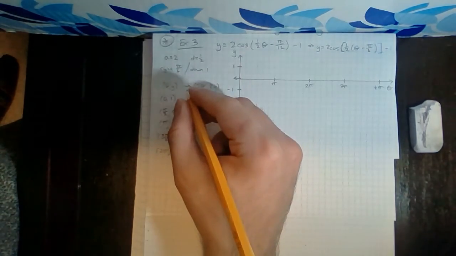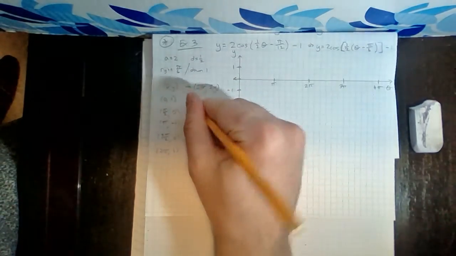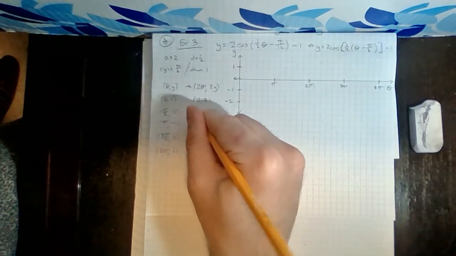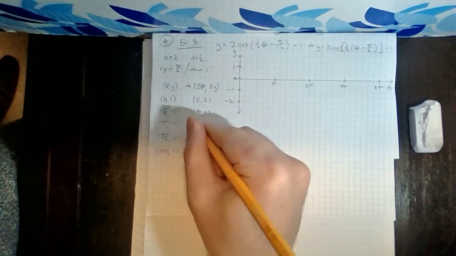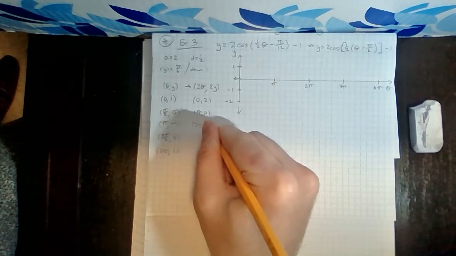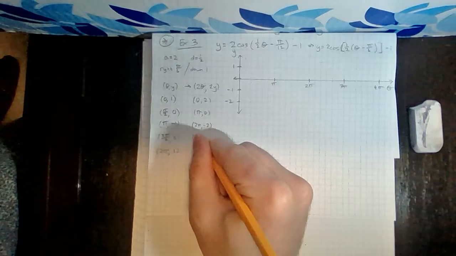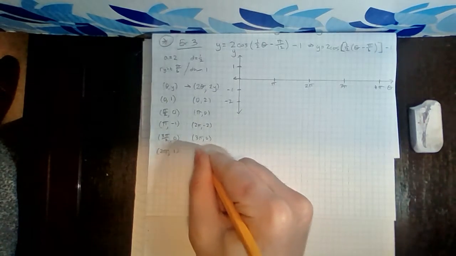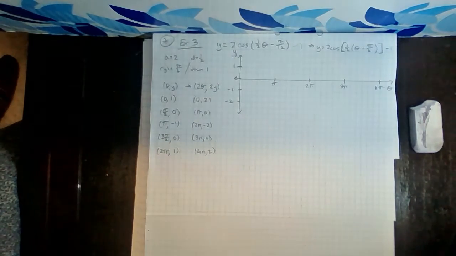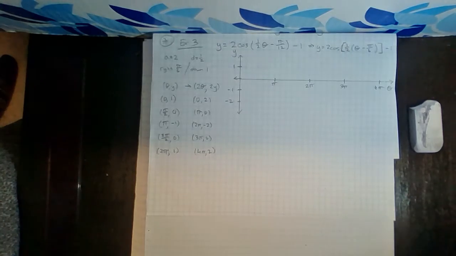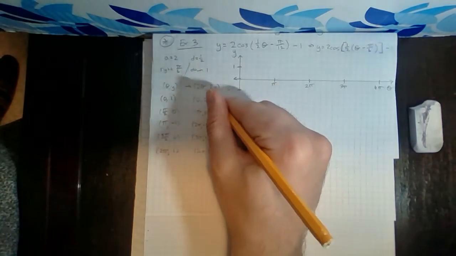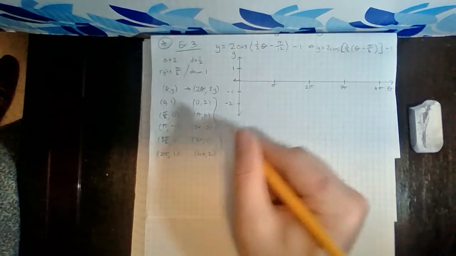We are going to multiply all of our values by 2 to get 0, 2; pi, 0; 2 pi, negative 2; 3 pi, 0; and 4 pi, 2. And remember, we are shifting.